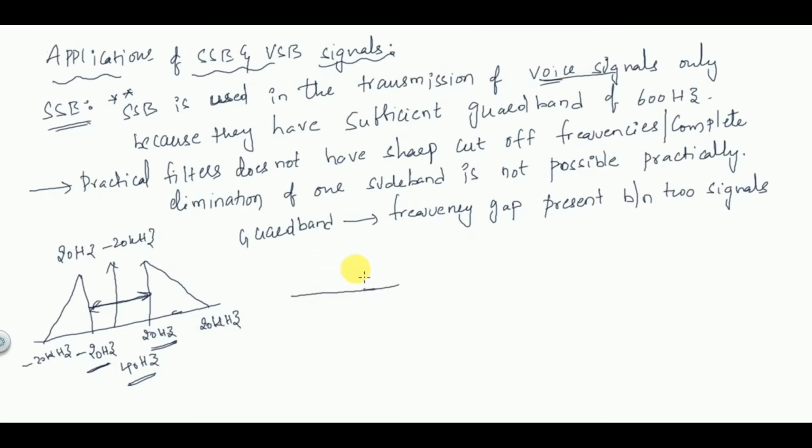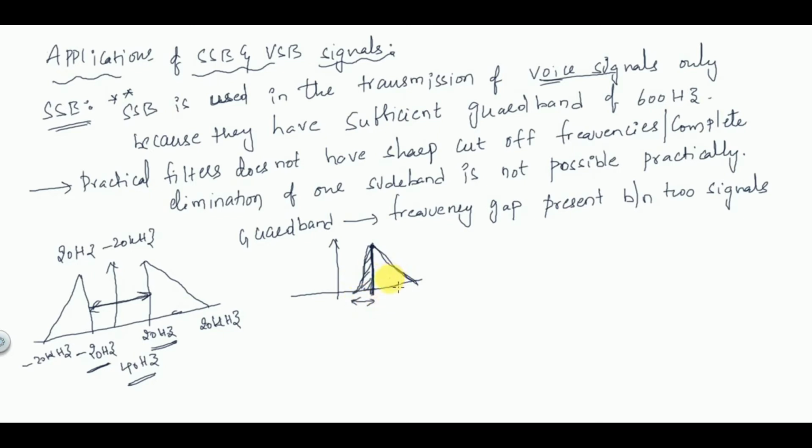So when you have an SSB signal like this, suppose you are transmitting upper sideband, okay, this sharp cutoff frequency is not possible. Okay, so suddenly the amplitude will not decrease from the highest value to 0. It requires some frequency gap, that is, complete elimination is not possible. So this will be part of the other sideband also.